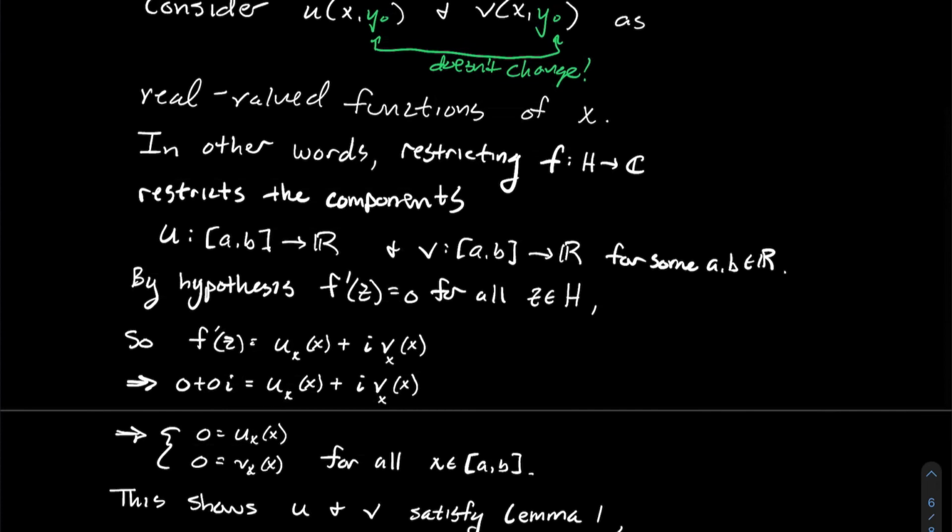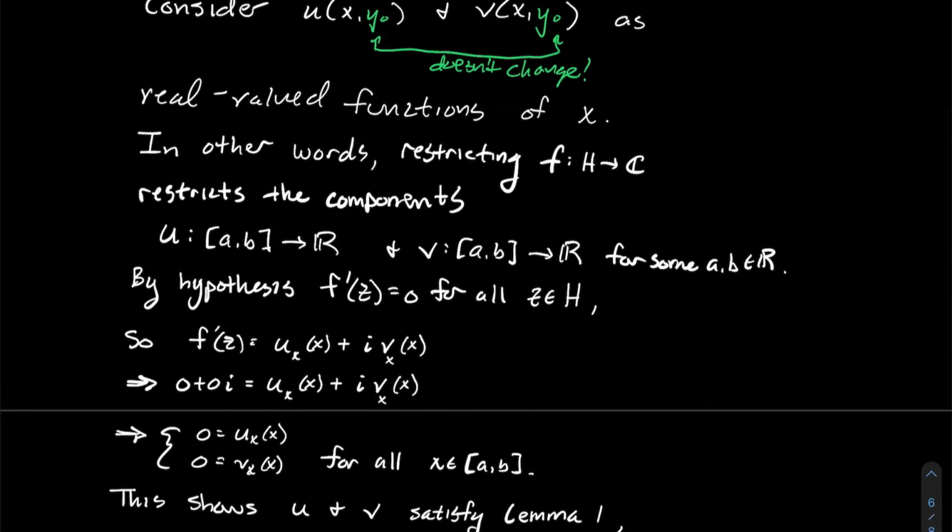And now, what do we know? These two things satisfy lemma 1, which was introduced in part 1 of this series of videos. Lemma 1 is just the corresponding result from calculus 1: if you've got a function on an interval whose derivative is 0 for all points in that interval, then the function is constant. So u and v satisfy that.